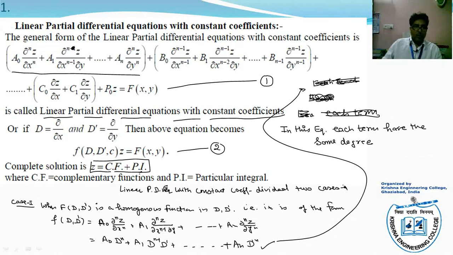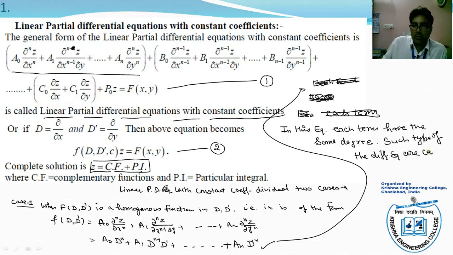Then such types of differential equation are called homogeneous linear differential equation with constant coefficients. Clear?